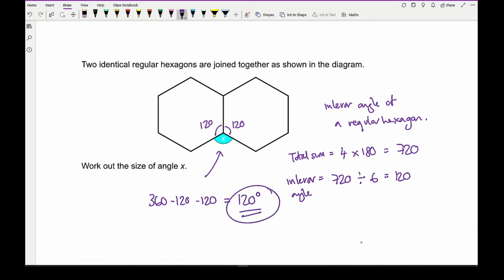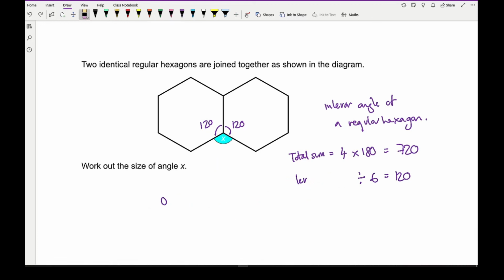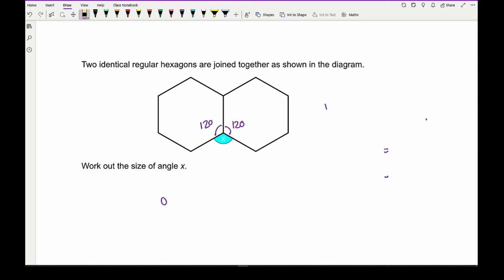Another way you could answer this question, so let me just get rid of all of this, is to see x as 2 exterior angles. So if I note that x is 2 exterior angles, if I split this up, x is equal to 2 exterior angles.